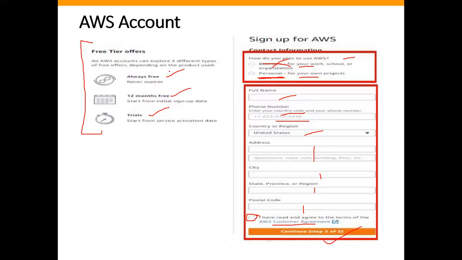When you create an account, you will get 3 offers: few services which are always free for lifetime, few services which come under 12 months free, and few services which are free for a trial period. There is no option to select these 3 options. By default, few services come under always free, few under 12 months free, and few for the trial period.